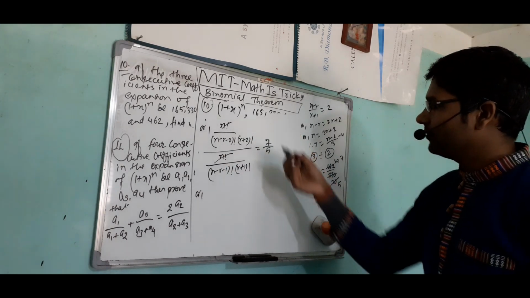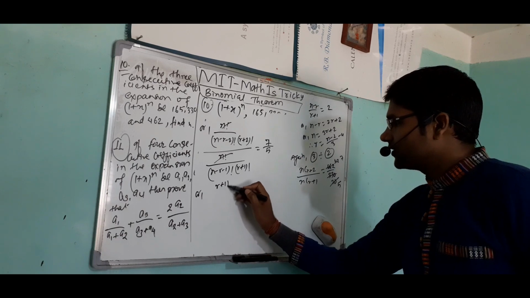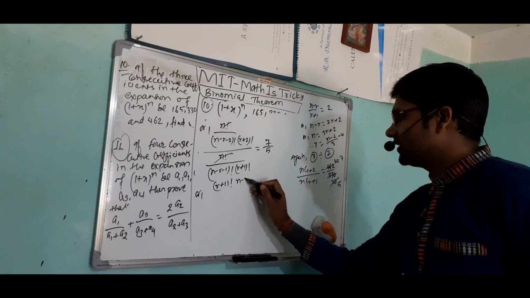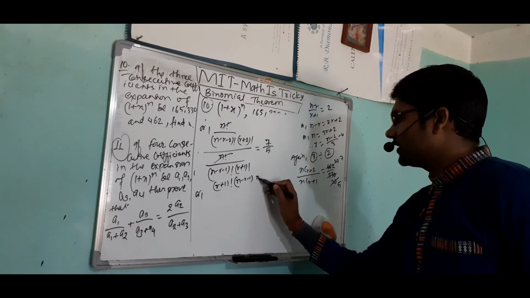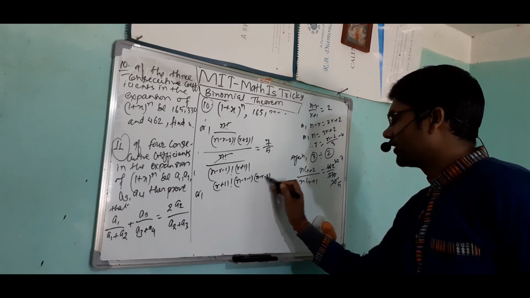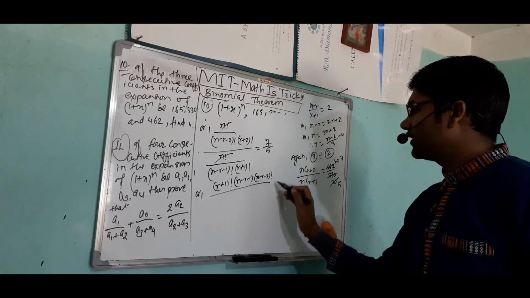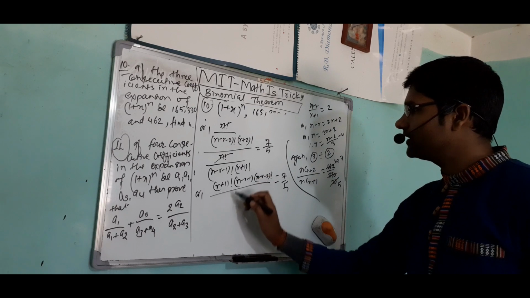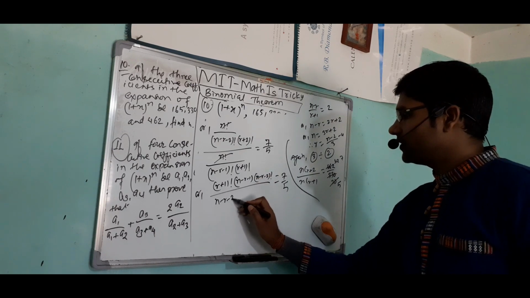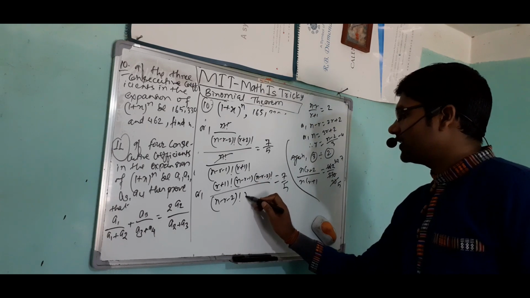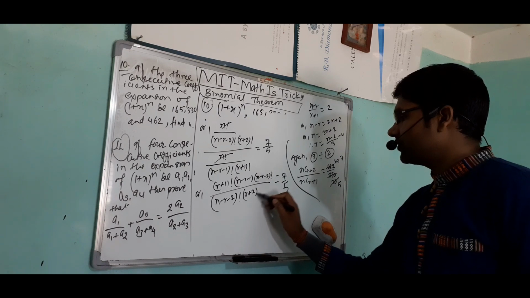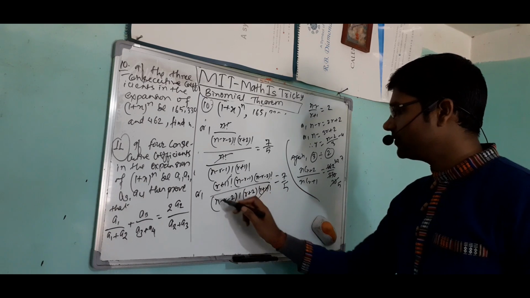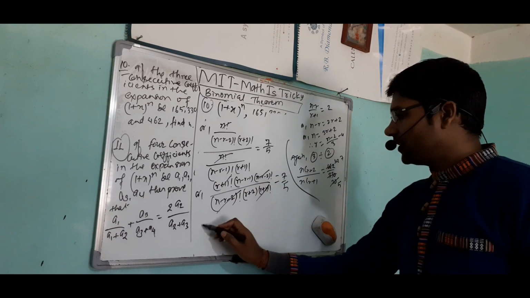It can be written as (n minus r minus 1) times (n minus r minus 2) factorial over (n minus r minus 2) factorial times (r plus 2) times (r plus 1) factorial, so we can cancel from numerator and denominator.